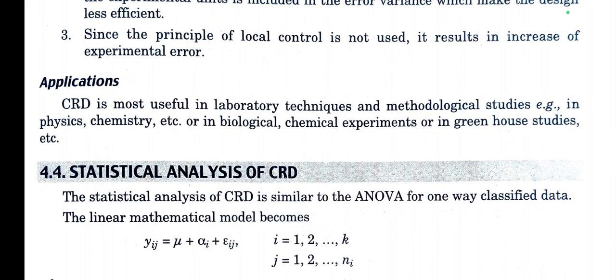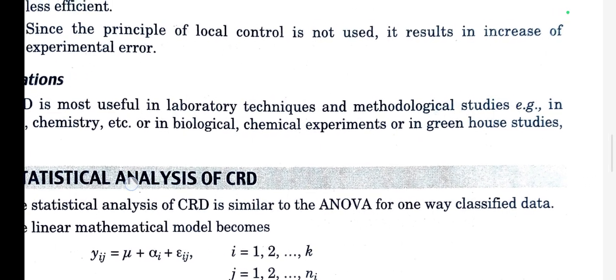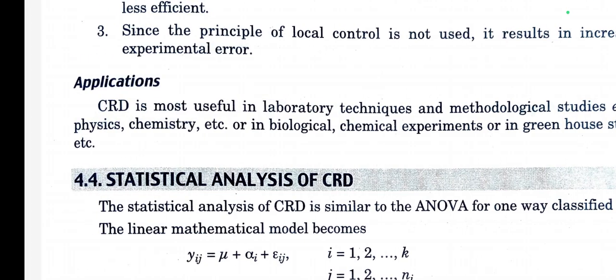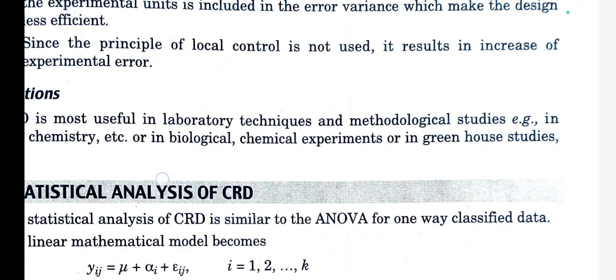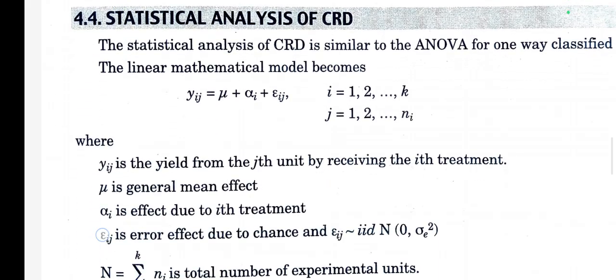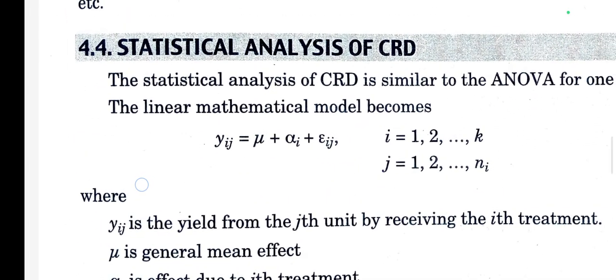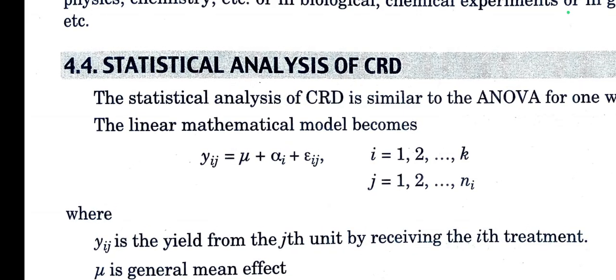Next, see the application. CRD is most useful in laboratory techniques and methodological studies, for example in physics, chemistry, and biological and chemical experiments, in greenhouse studies, etc. In the last video session, some person had a doubt about where we can apply CRD, RBD, LSD.